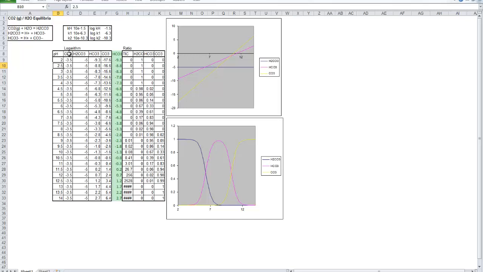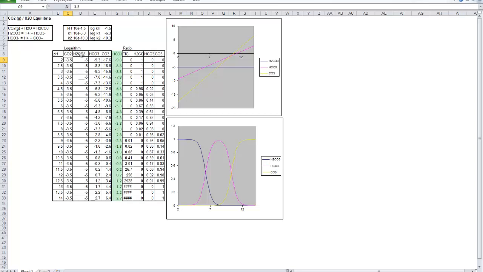So the CO2 itself, H2CO3, HCO3 minus, which is bicarbonate, and CO3 2 minus, which is carbonate. So we can fill in 10 to the minus 3.5, so minus 3.5, and copy that all the way down because the carbon dioxide concentration in the atmosphere is unaffected by the pH.